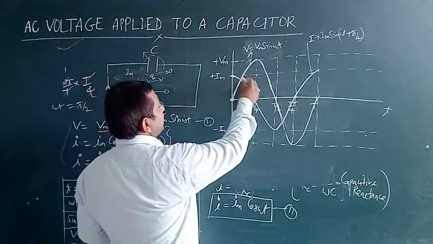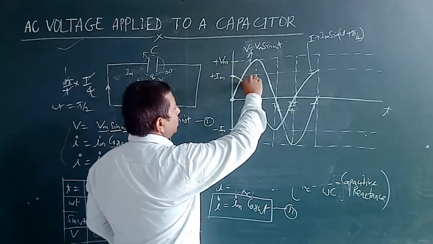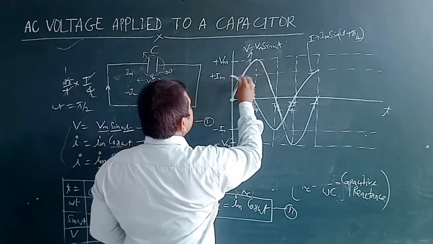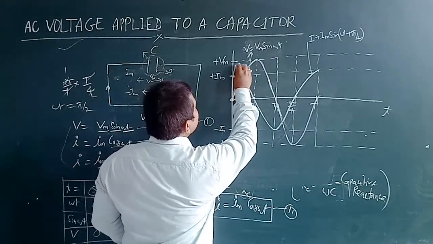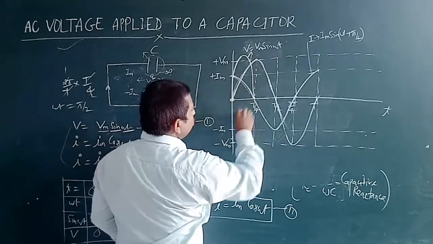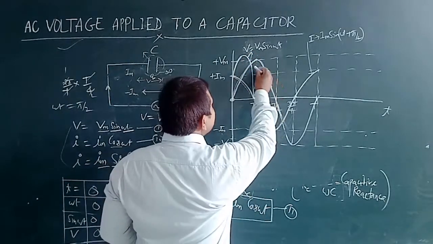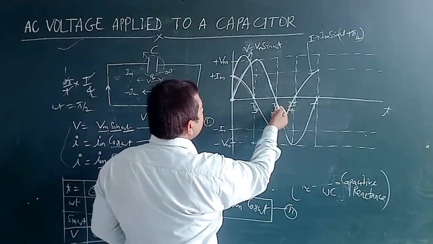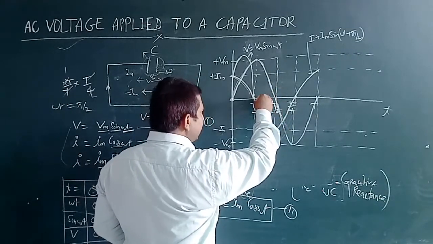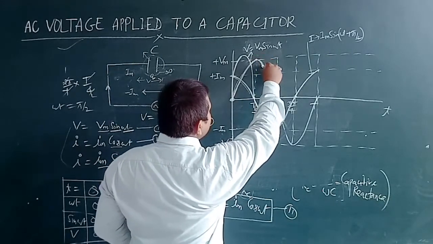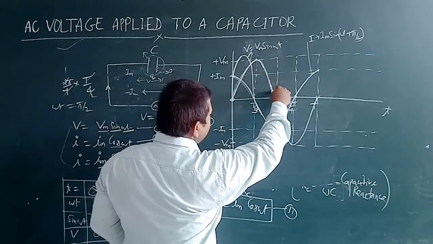So from here we are seeing that the value of current and potential are both positive. So the power dissipated in the capacitor is positive in this loop, and again in this time interval from T by 4 to T by 2, we are seeing that the direction of current is negative and the potential is positive.